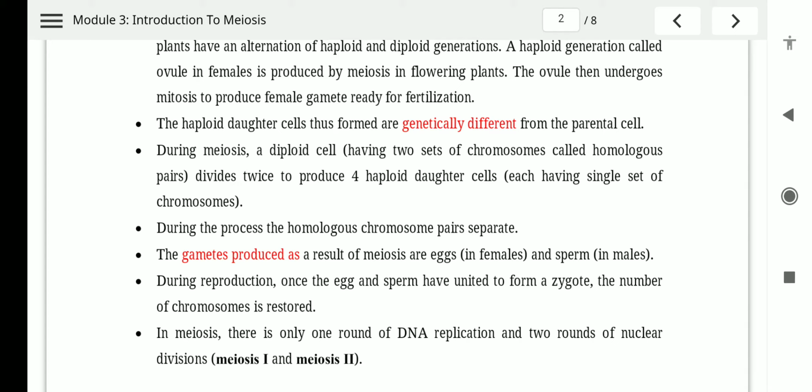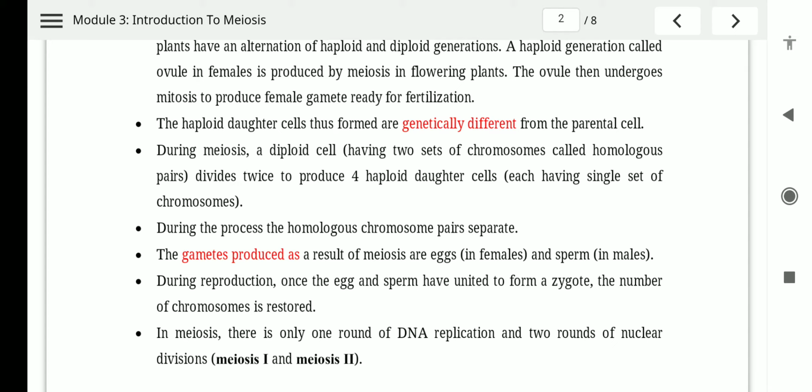During reproduction, once the egg and sperm unite, they form the zygote. So, the number of chromosomes is restored. In meiosis, daughter cells are formed which have the haploid number of chromosomes, but when fertilization takes place, when sperm and ova fuse, the same number of chromosomes is restored.